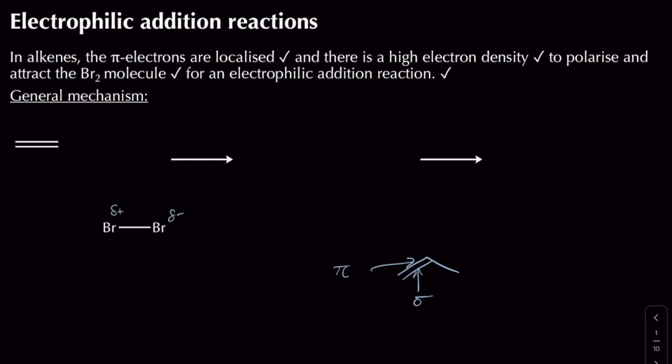Now, together with our alkene carbon-carbon double bond, we know we've got a pi bond in there. That pi bond is going to break, and it's going to attack one of the bromine atoms, in this case the delta positive one over here. You've got to think about your arrows going from a region of high electron density to a region of low electron density most of the time.